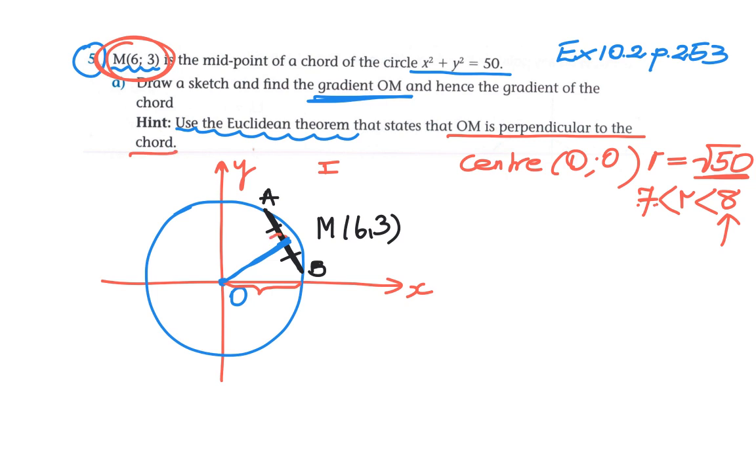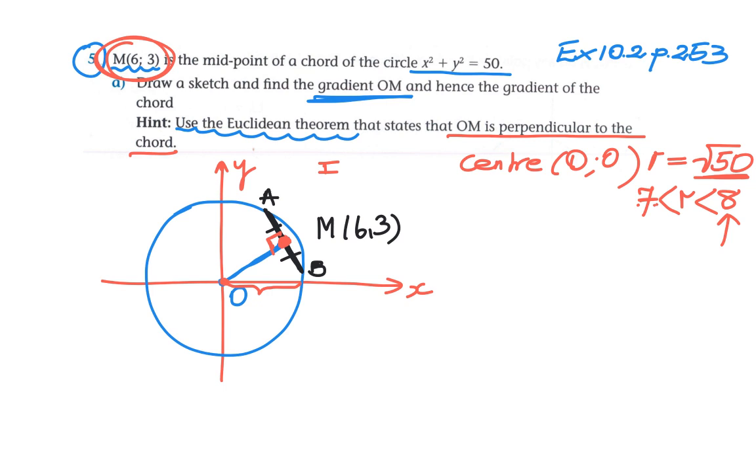Okay, so why is OM perpendicular? Because the line drawn from the center of a circle to the midpoint of a chord is at 90 degrees to the chord. That's theorem 1 of Euclidean geometry. It's a very important theorem for us. We are using it not only in Euclidean geometry, but also in coordinate geometry.